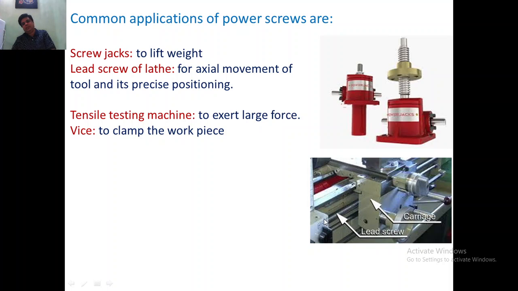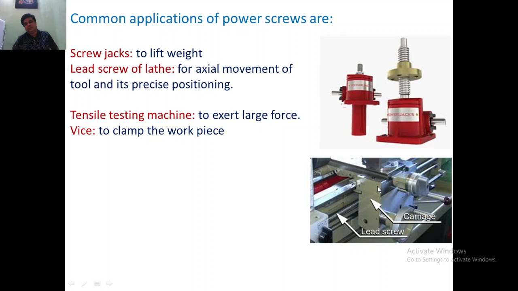We fix the carriage which holds the tool post or cutting tool on the screw. Whenever the screw rotates, this carriage will move linearly towards left or right, depending on the direction of rotation of the lead screw.